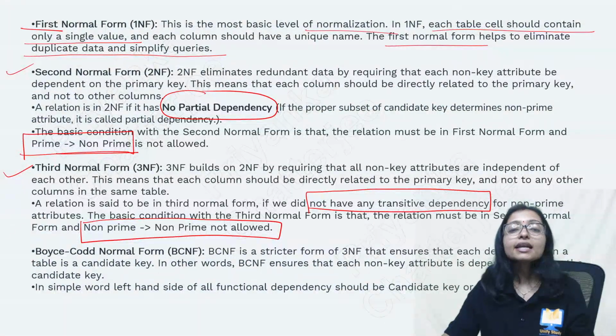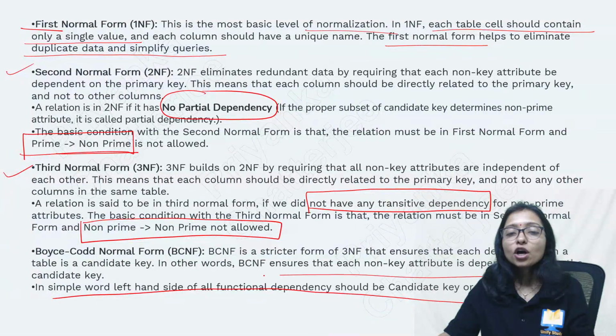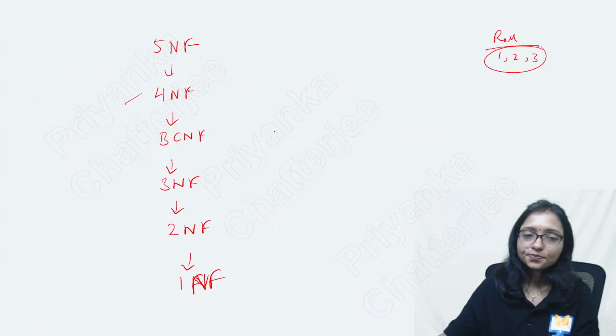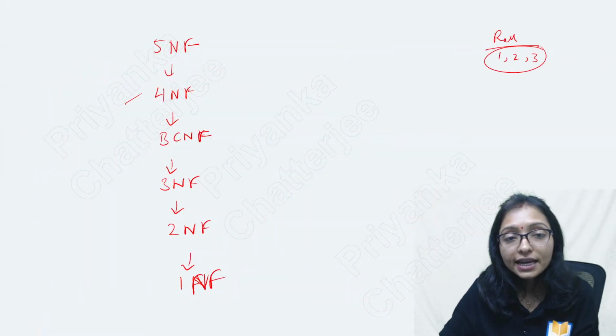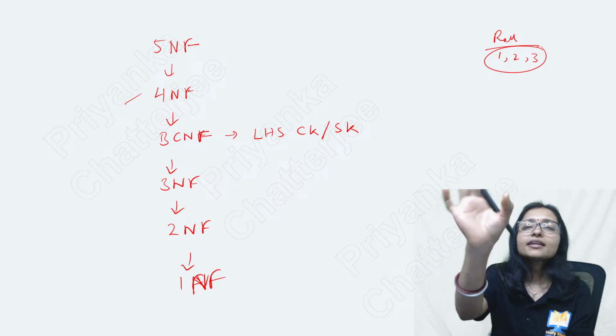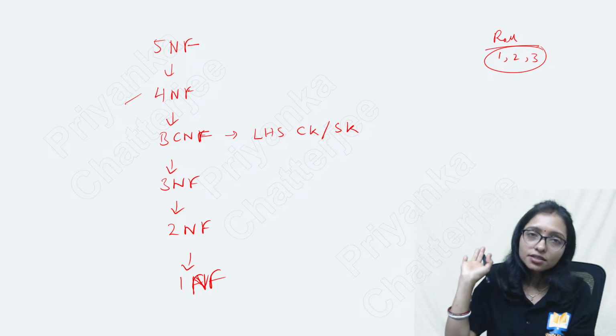Now in BCNF, all left hand sides should be a candidate key or super key. Now come here. What happened? In BCNF, whenever you come, all left hand sides should be a candidate key or super key. Nothing other than it is checked. This is the super constraint.